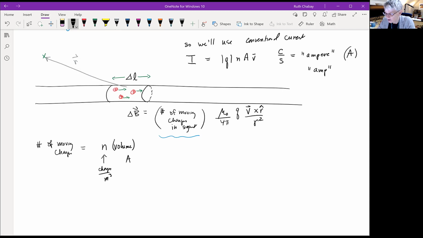So that's A times delta L. So our delta B now reduces to the number of moving charges, n A delta L, times mu0/4 pi q, where now q is plus e because we're calling these positive charges, q v cross r hat over r squared.